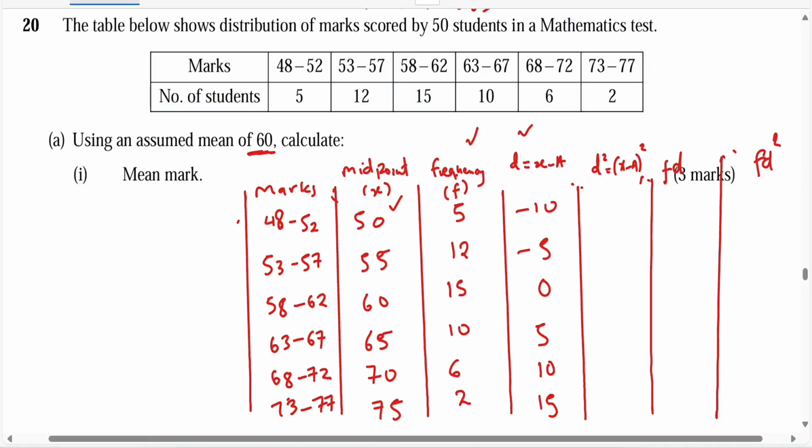So 5 times negative 10 gives us negative 50. 12 times negative 5 gives us negative 60. 15 times 0 is just 0. 10 times 5 is 50. 6 times 10 is 60. And 2 times 15 is 30. Okay. So those are our fd values.